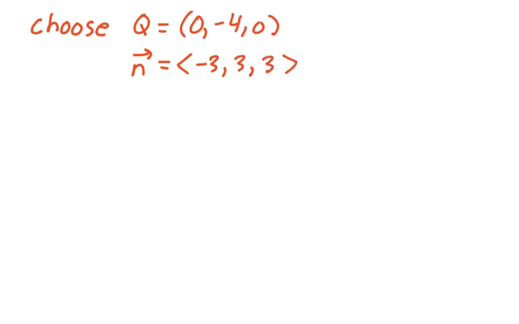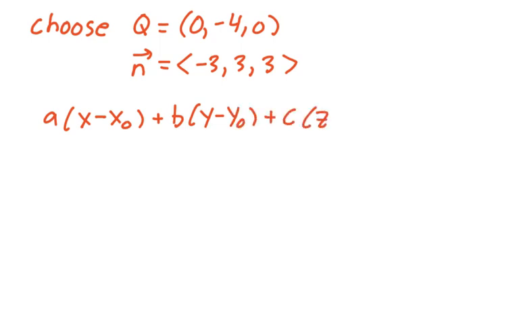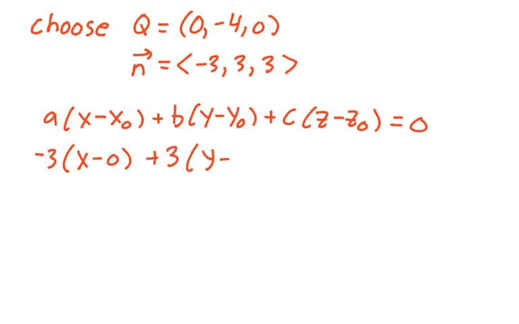Now, again, A times X minus X naught plus B times Y minus Y naught plus C times Z minus Z naught equals 0. Now my A is negative 3. My X naught is 0, so it's X minus 0 plus B, which is 3, times Y minus a negative 4, like so, plus C, which is 3, times Z minus 0, and this is equal to 0.